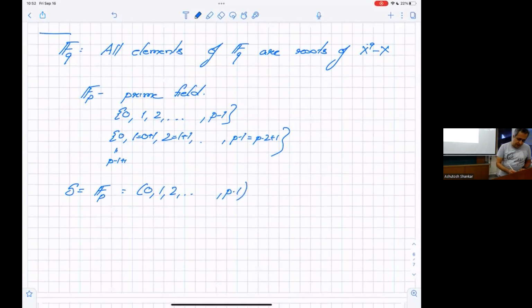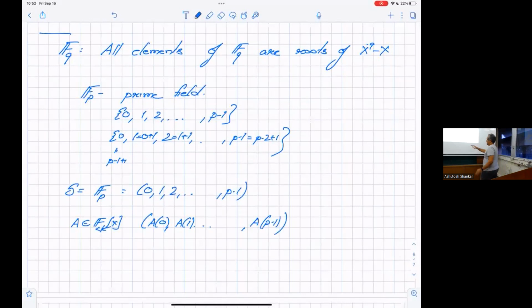Now I take a polynomial A in F_p less than degree k, and I write down its evaluation A of 0, A of 1, up to A of p minus 1. So that's how Reed-Solomon code works. Now suppose I cyclically shift it. Is that still a Reed-Solomon codeword?